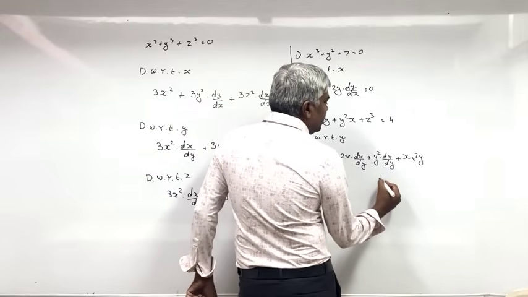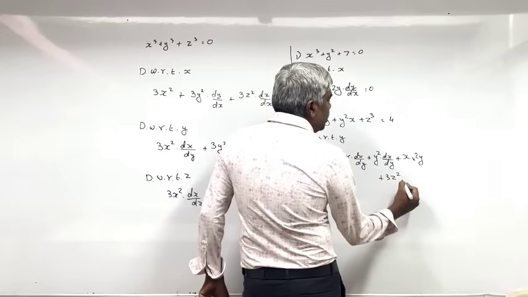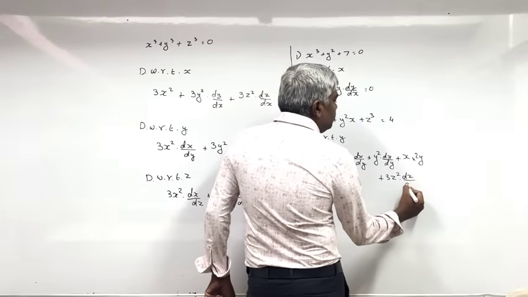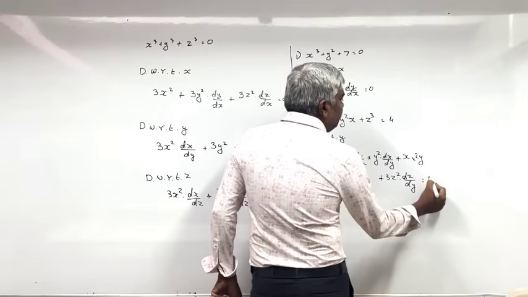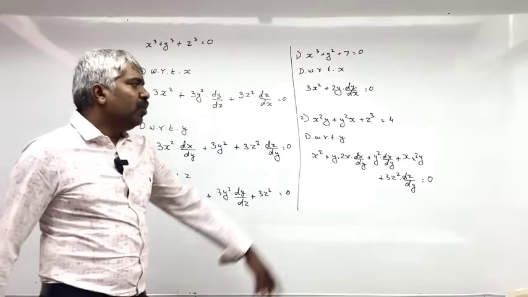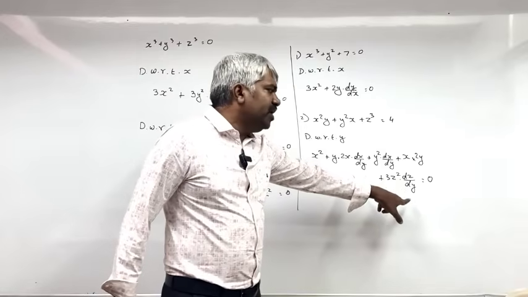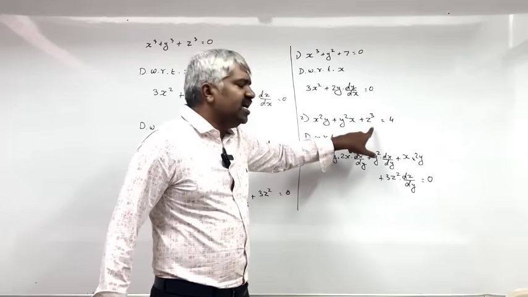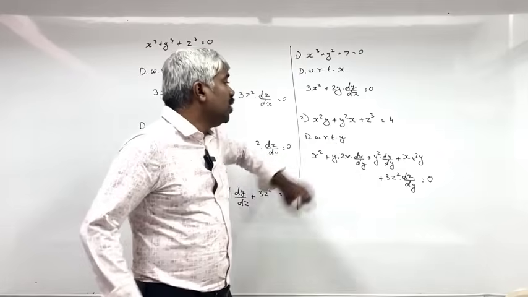Then differentiate z cube: 3z square into dz by dy equals the differential of 4, which is 0. Why are we differentiating z by y? Because the variable over here is z and we are differentiating with respect to y.